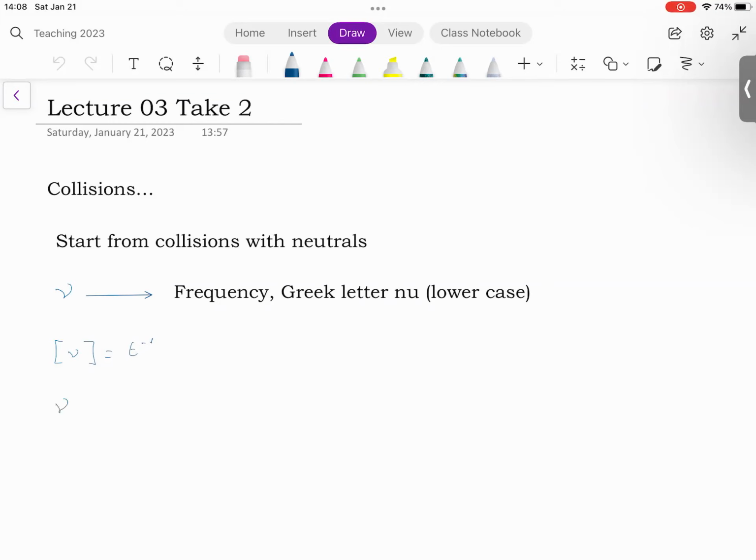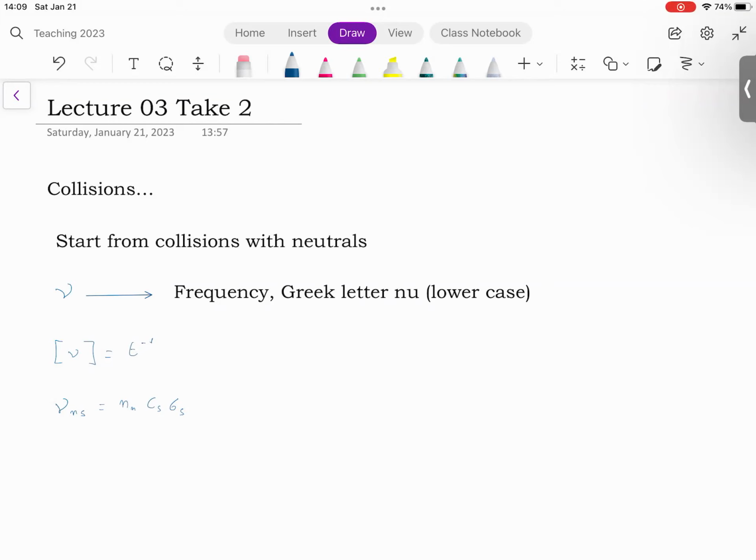The frequency, I'm going to use subscript n and s, I will tell you in a moment what they mean, is going to be equal to n sub n, c sub s, and sigma sub s. That's a sigma, a collision cross-section, infinitesimal cross-section.